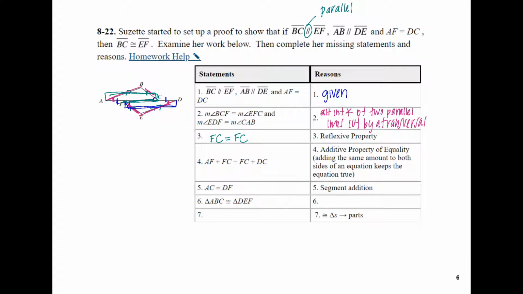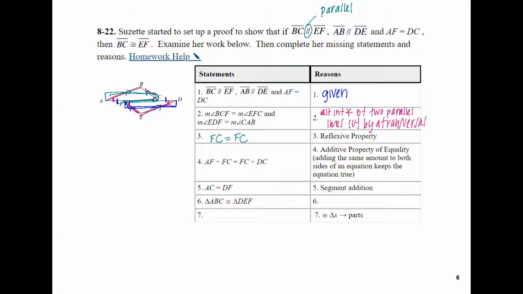Adding the same amount to both sides of an equation keeps the equation true. Statement number 5 says AC is equal to DF. And we know that AC is equal to DF because of segment addition, so it just takes it a step further and writes those as individual segments.